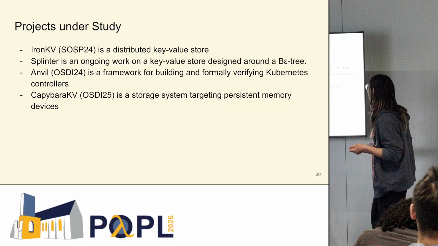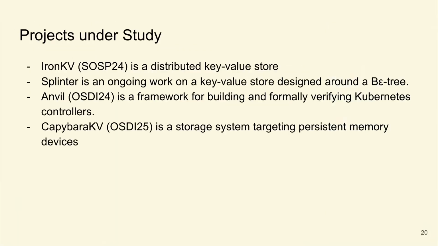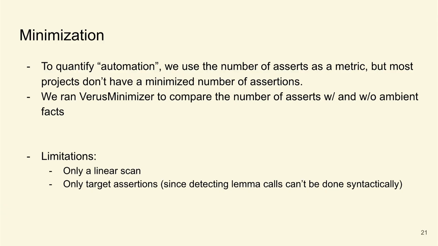I'm not going to go into them. You just need to know they exist. And to quantify automation, we need to introduce some sort of metric. And here we just looked at the number of asserts. However, most of these projects don't start with the minimum number of asserts because you might want to guess what the proof state is. Some might be useful for documentation purposes.